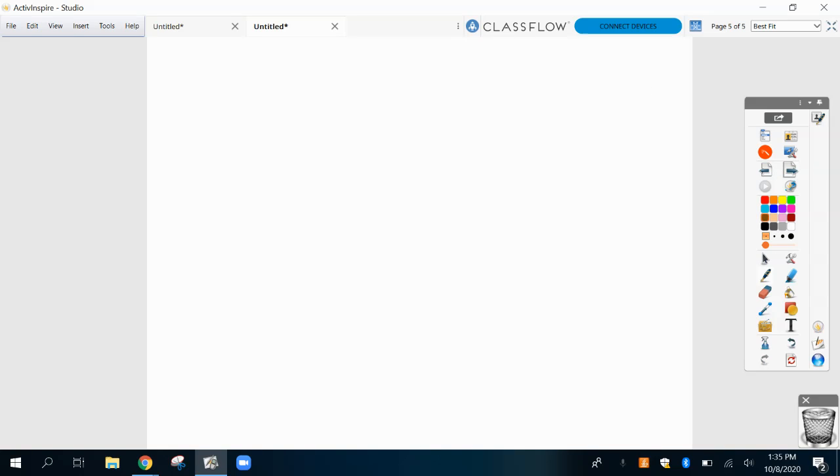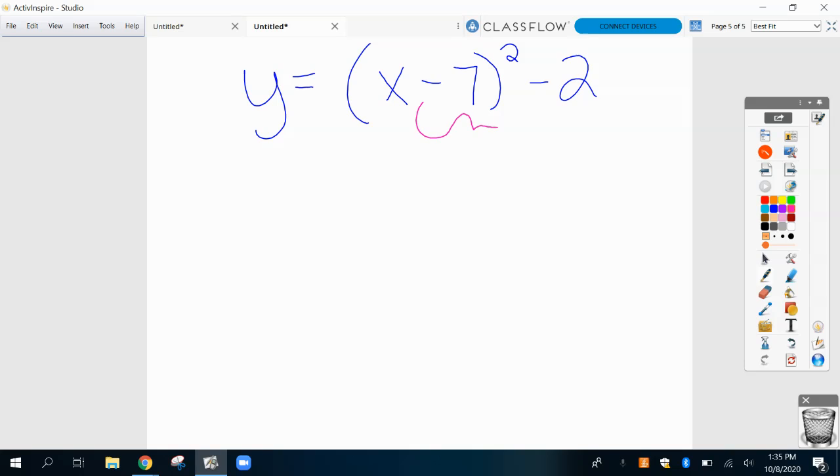The last thing you are going to see is something that asks you to find the vertex when the quadratic is already in vertex form. Okay, so maybe we're given y equals, and then we have x minus 7 squared minus 2. So if we want to find the vertex on this one, remember we are doing h comma k. So our h value is here, and our k value is here.